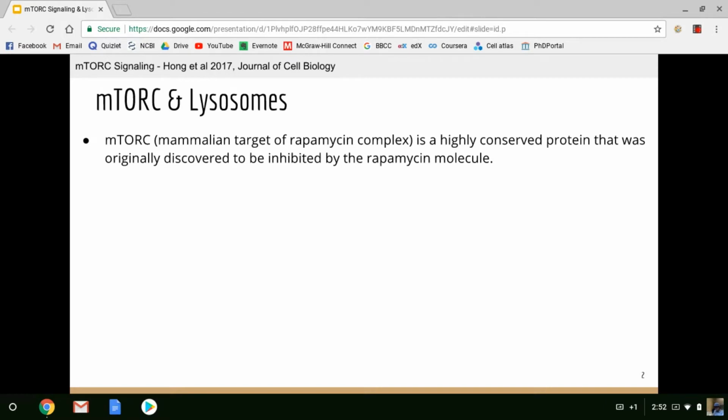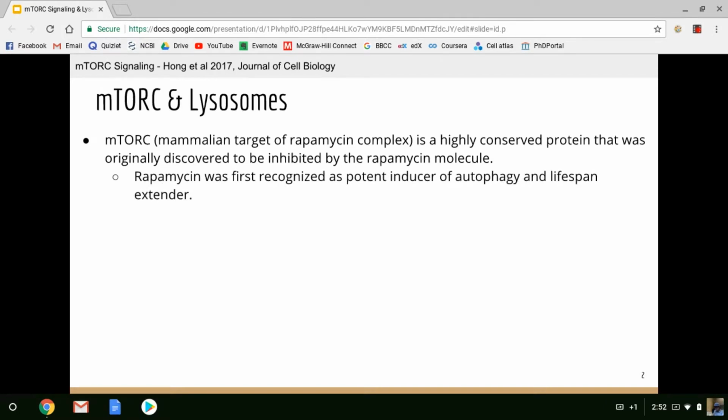Now, this rapamycin molecule was first extracted from a bacterium on Easter Island, and it's very fascinating because it was soon discovered to have very potent immunosuppressive and anti-aging effects. And mTORC was subsequently discovered when researchers were probing how rapamycin was achieving these therapeutic outcomes.